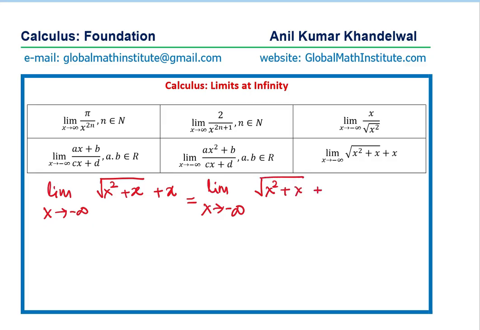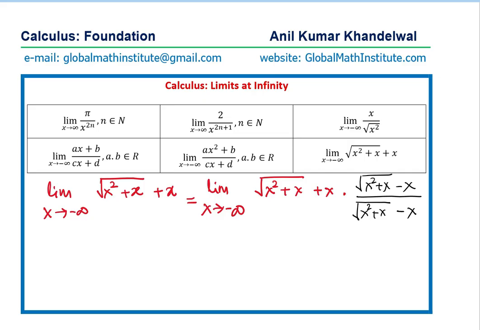In this case, the conjugate is, let me write in a different ink, square root of x squared plus x minus x. Divide by square root of x squared plus x minus x. So that becomes the conjugate. We are multiplying and dividing by the same number, which is multiplying by 1, so it does not really change the equation. It is still the same. However, it helps us to answer the problem.